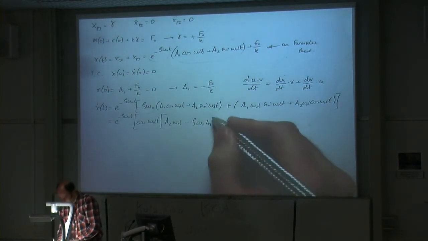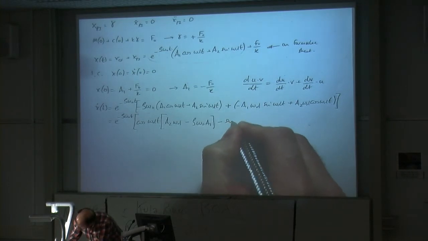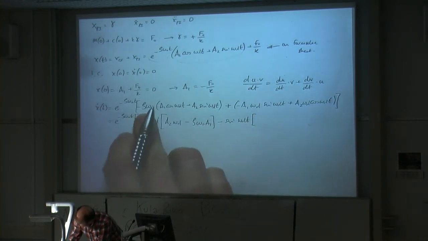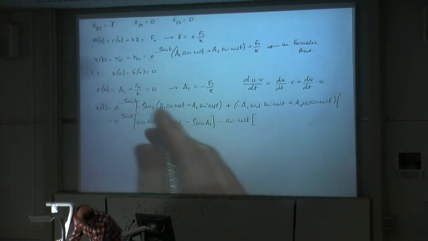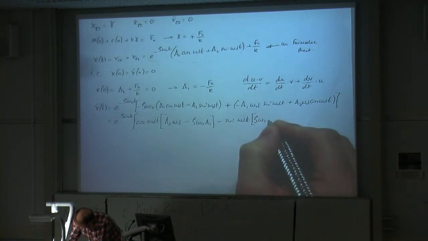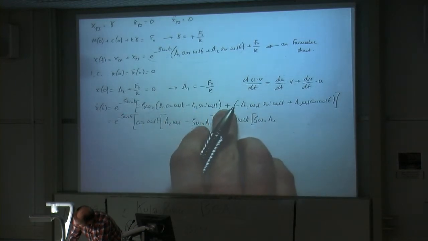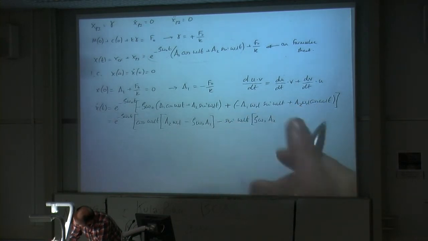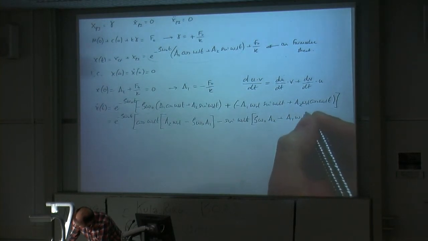So that's the cosine terms, and then we do the same thing with the sine terms. I'll put a minus sign in here just because it makes things easier, omega dt. And then over here we've got a minus a2 zeta omega naught, but because I've taken the minus out, that's plus zeta omega naught a2. And over here we've got a minus a1 omega naught, which, because the minus has come out, becomes plus a1 omega naught omega d.